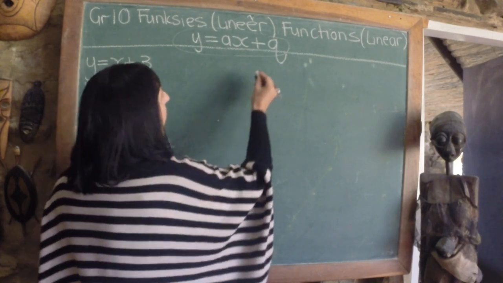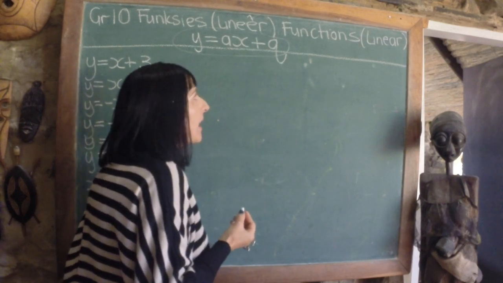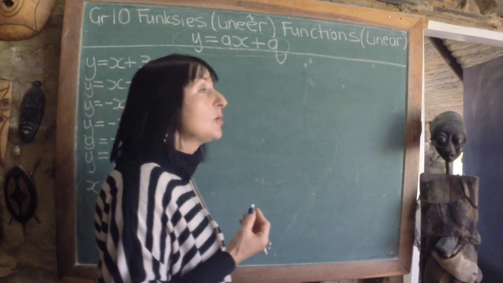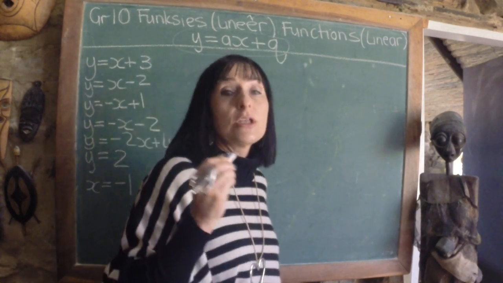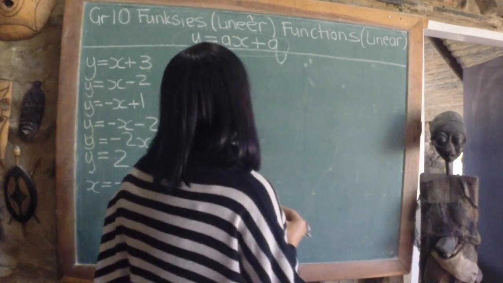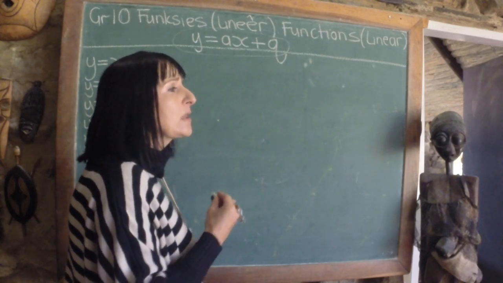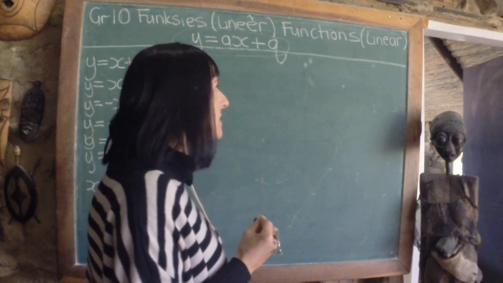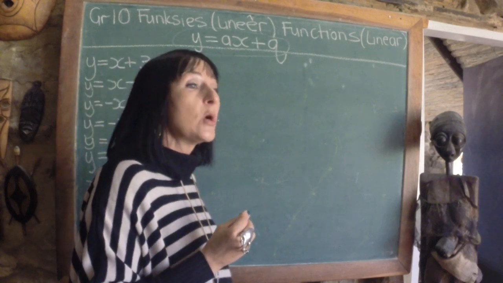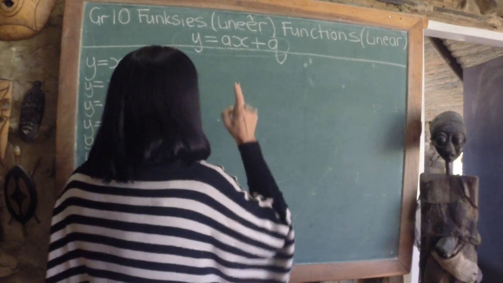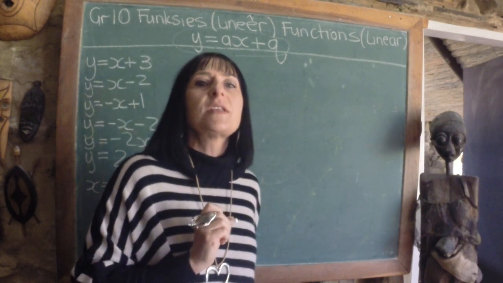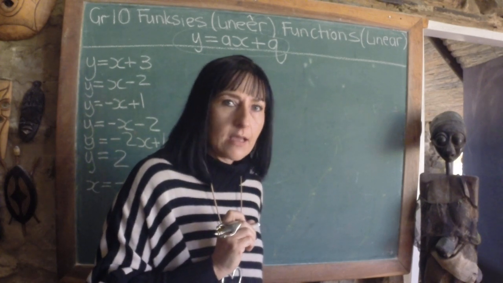And now we're going to add a Q value. Yesterday, we only drew graphs that got a Q value of 0. Vandag gaan ons Q-waardes bysit. Wat baie belangrik is, graad 10s, is dat ons 'n ander metode gebruik. As Q-waardes 0 was, het ons die tabelmetode gebruik.